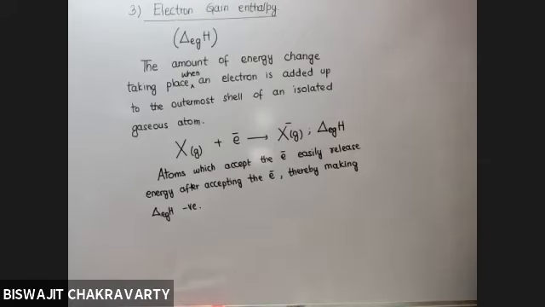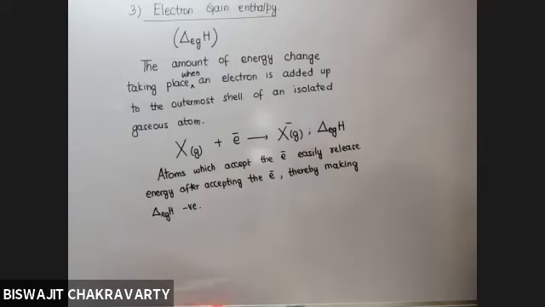So which kind of atoms will release the highest amount of energy after accepting the electron? Halogens. Those who are short of only one electron, because that electron will be of great importance to the atoms.